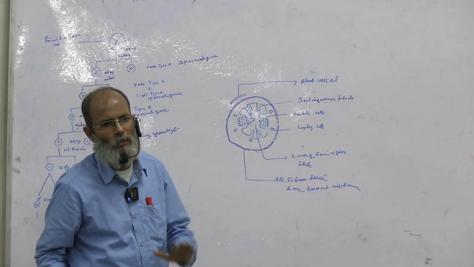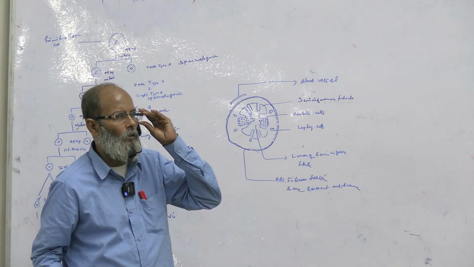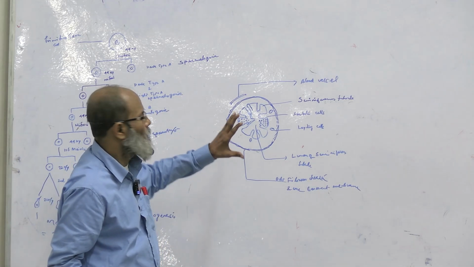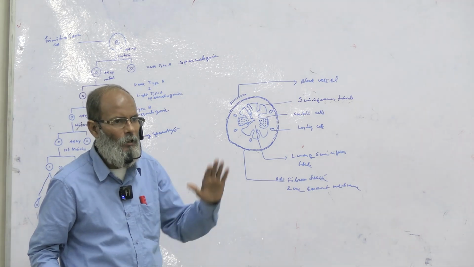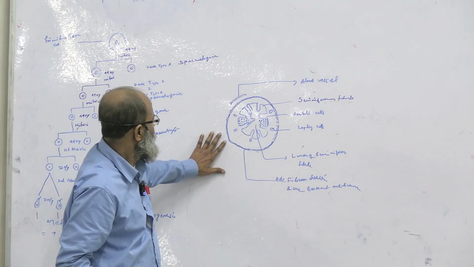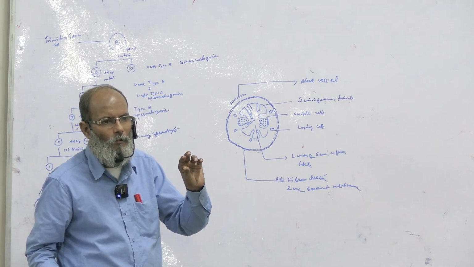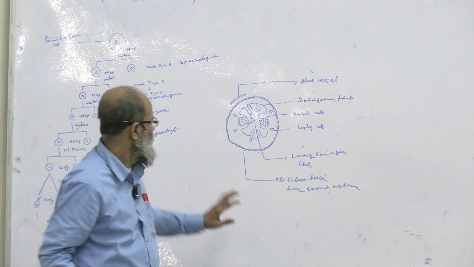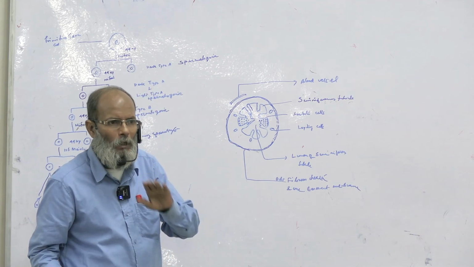If you cut the testis in a transverse direction, you will find the seminiferous tubule, cut section of the seminiferous tubule, which is outside lined by a layer of thick fibrous tissue, and inside this layer there is a basement membrane.